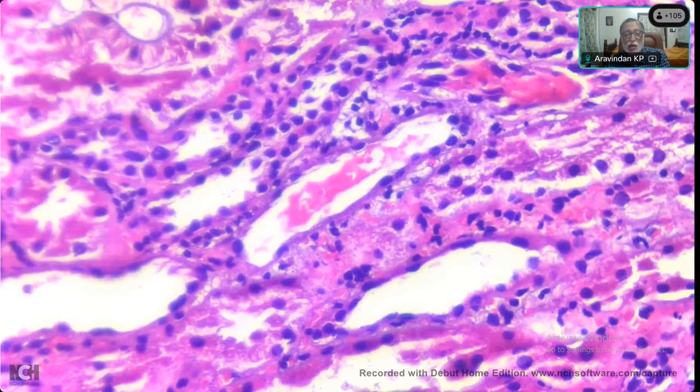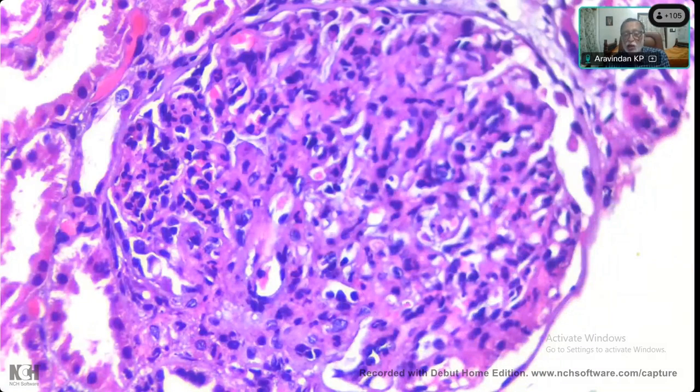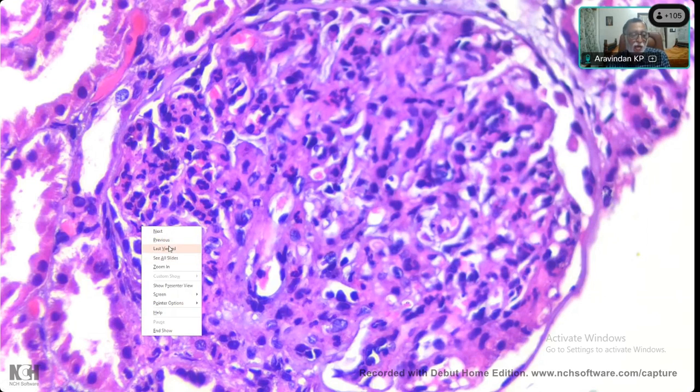See, this is a higher power, showing almost a solidified appearance, which is due to endocapillary proliferation. Any other kind of cells are seen along with this? All these irregular cells, what do you think these cells are? Neutrophils, sir.